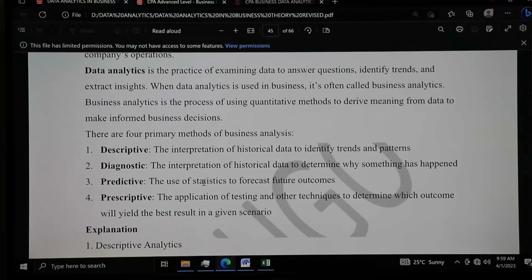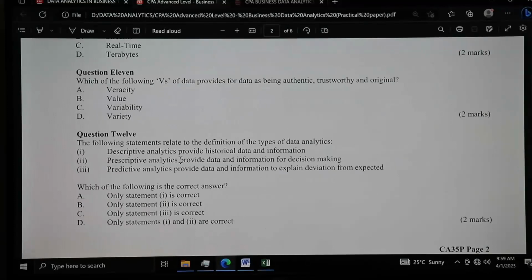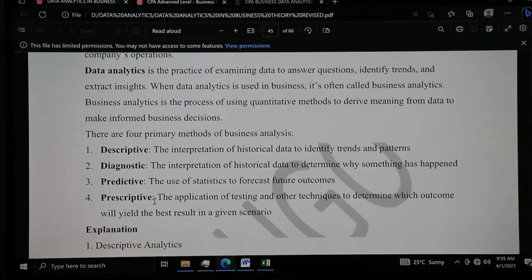uses statistics to forecast future outcomes. So when you relate to that, you see there is a relationship. Then predictive is prescriptive. Prescriptive applies testing and other techniques to determine which outcome will yield the best results under given scenarios.